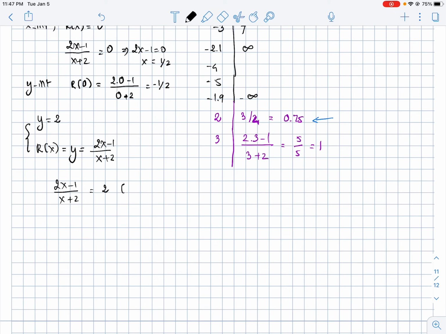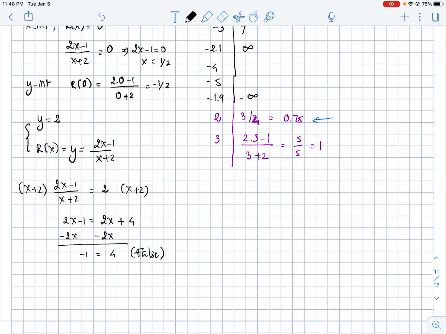And then we multiply both sides by x plus 2. We can do that because we already found the domain before, that we exclude x equal to negative 2. Then you distribute on the other side. You subtract both sides to solve for x. But what happened is that the x is gone. You are left with the statement negative 1 equals 4. This is a false statement.